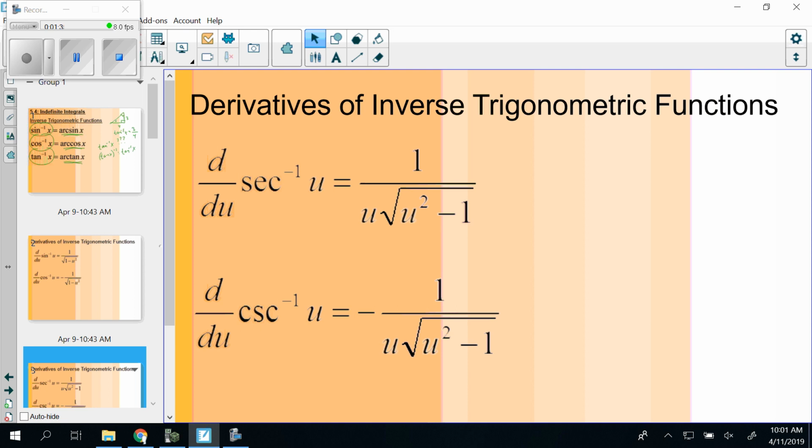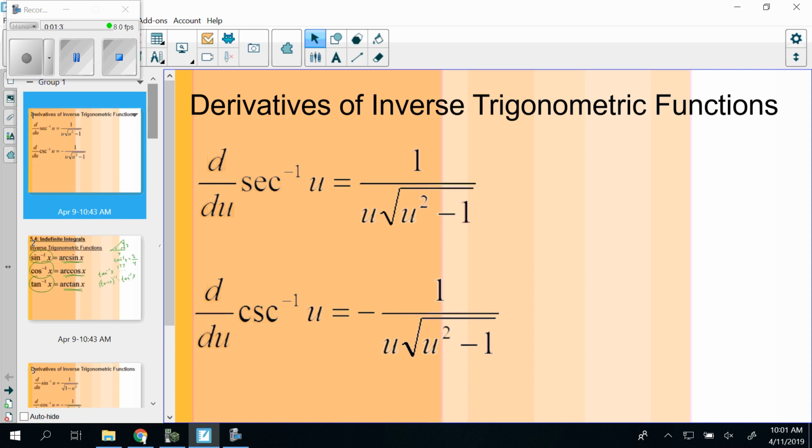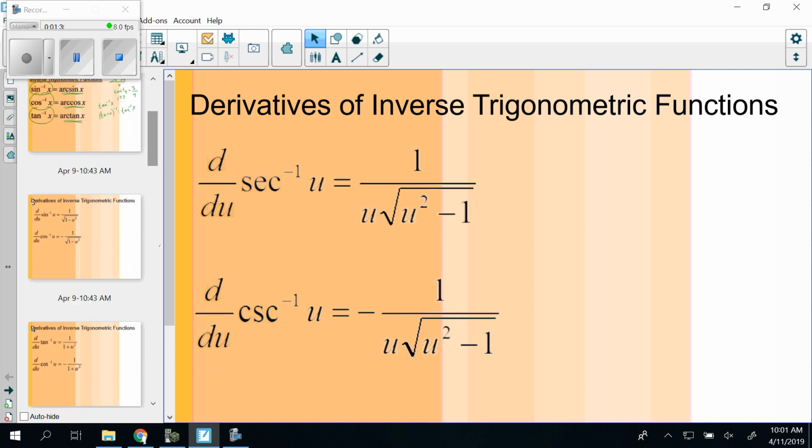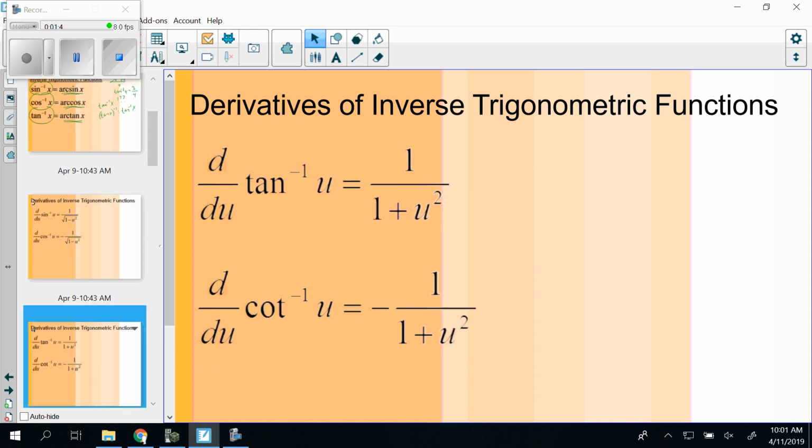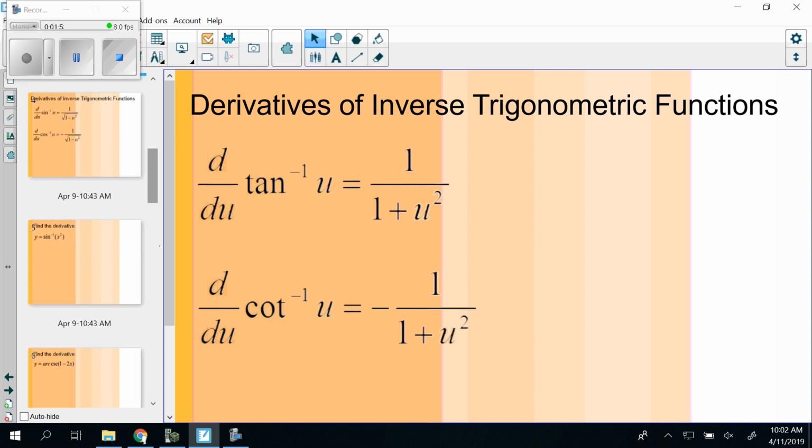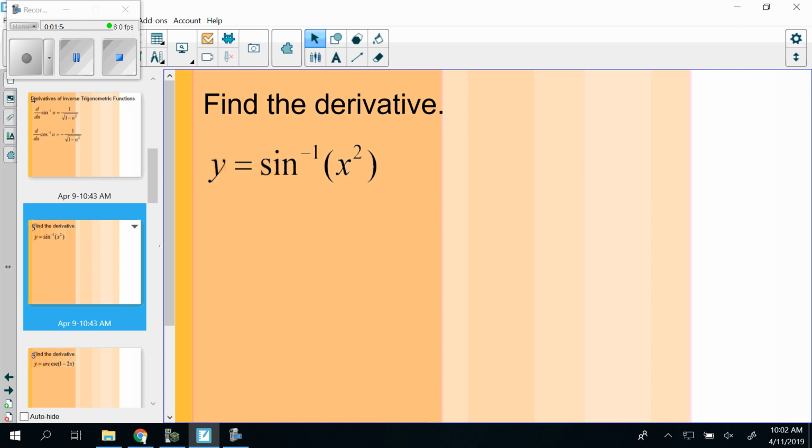Cosecant, again, being same but negative. And then finally we have tangent and cotangent, which are also similar. Inverse tangent is 1 over 1 plus whatever you're taking the inverse tangent of, squared. Cotangent, same but negative. So what we're going to do is look at some of these derivatives now.